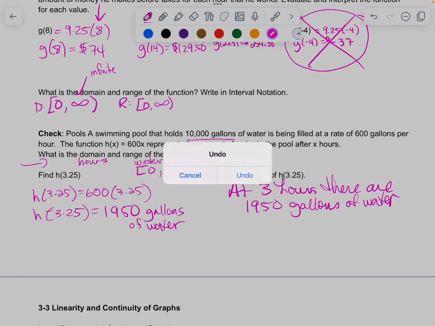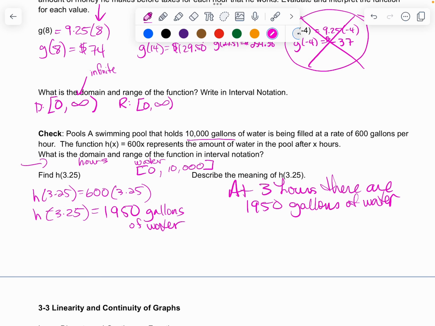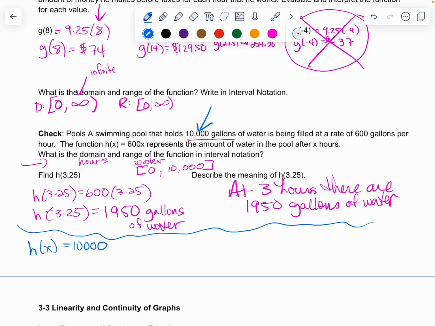Sorry about that. Okay. So the next thing I want to look at, which is not on here, is my domain. So I need to know when this ends. I want to know when the pool is 10,000 gallons of water.